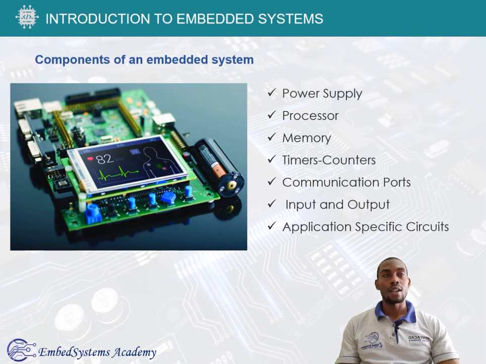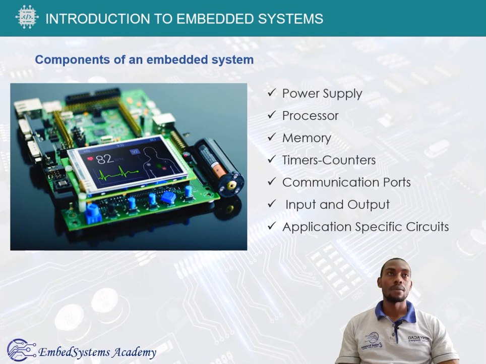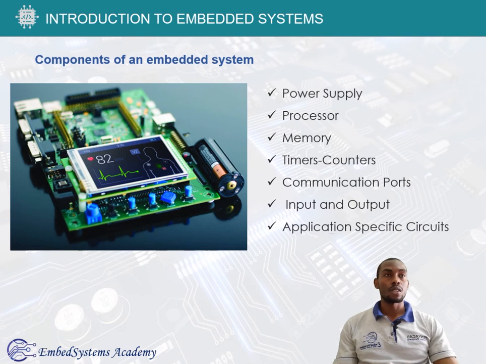They cannot run without a power supply. And then they have the processor. This is like the brain of the system. We have memory. We have timers and counters. We have communication ports. We have input and output ports. And then in some systems we have application-specific circuits. These are peripherals to the system, just electronic parts of the system.